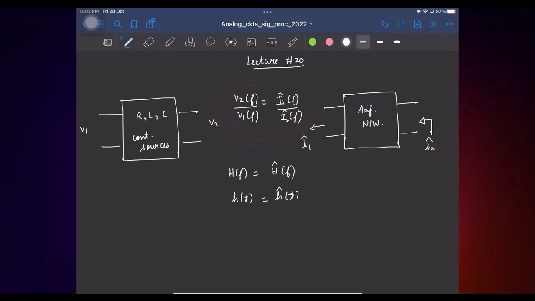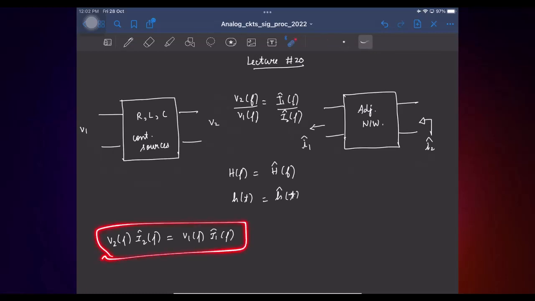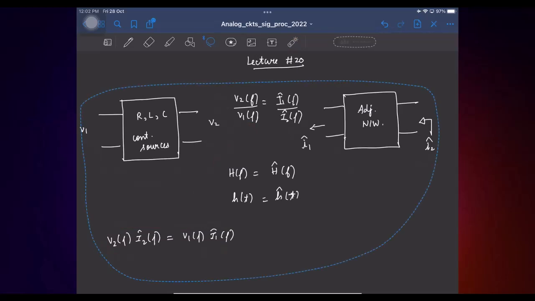It's an LTI network: V2 of f times I2 hat of f was, so this is the result you actually get when you apply Tellegen's theorem, and from this you interchange terms and make it in the ratioed form. Cool. So this is with respect to the LTI network.